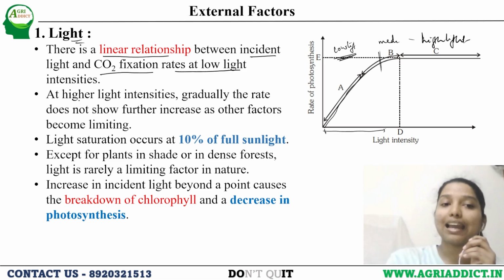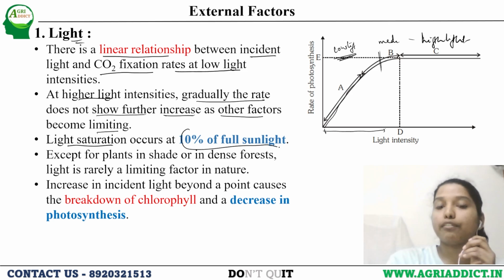At higher light intensity, gradually the rate does not show further increase as other factors become limiting. Light saturation occurs at 10% of full sunlight. At this point, the saturation is taking place.